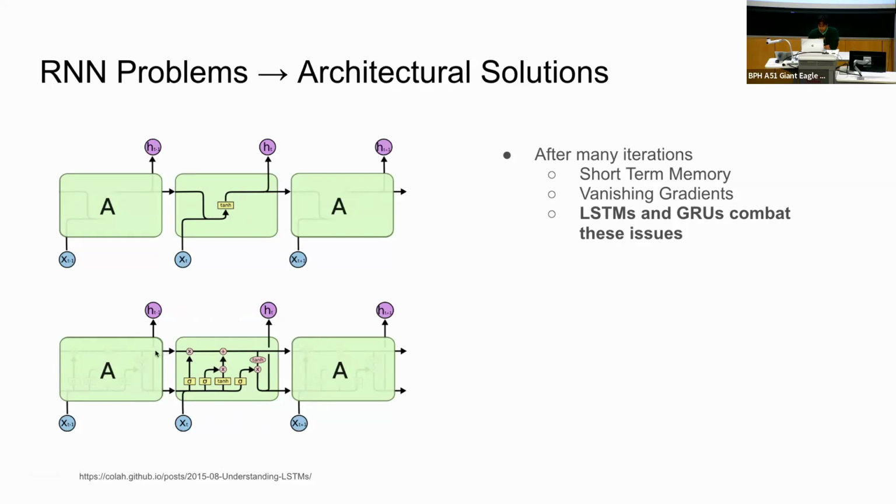The topmost part is called the CEC, the constant error carousel, which keeps in mind that it is necessary for the network to carry information throughout the network. And this CEC will make sure that the information is not flawed and is carried throughout our network.